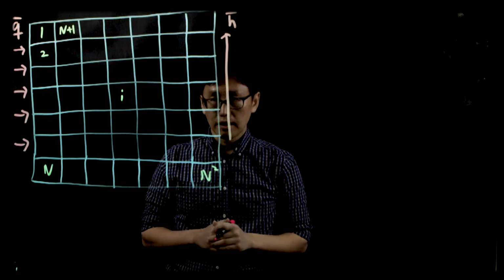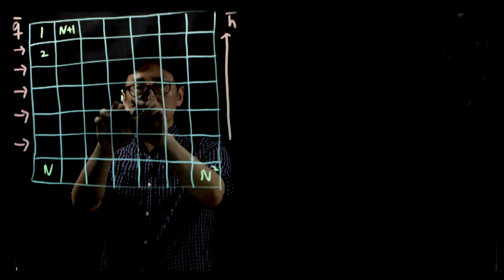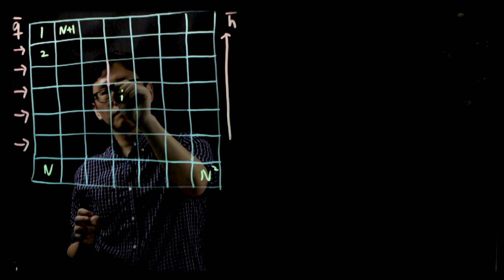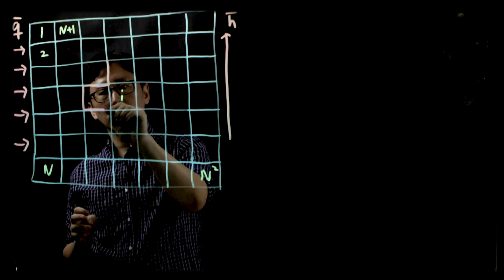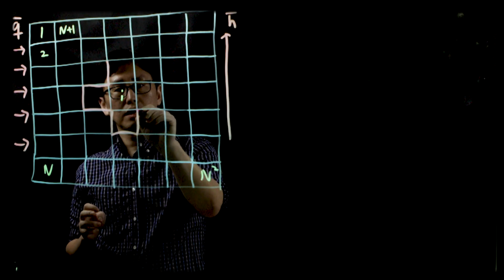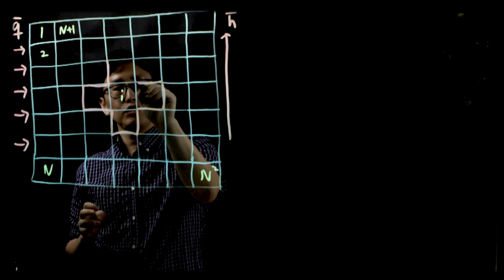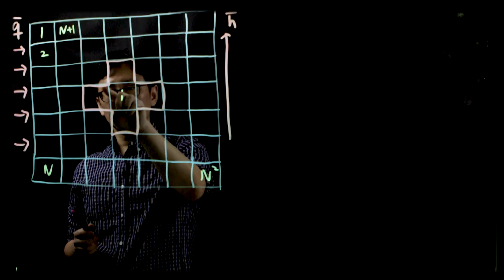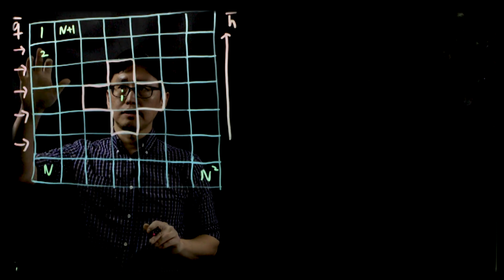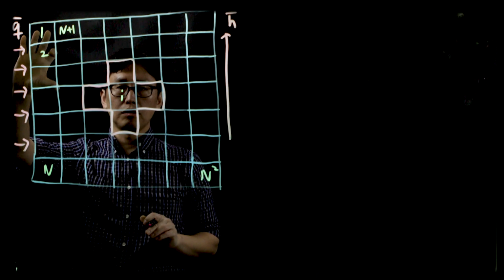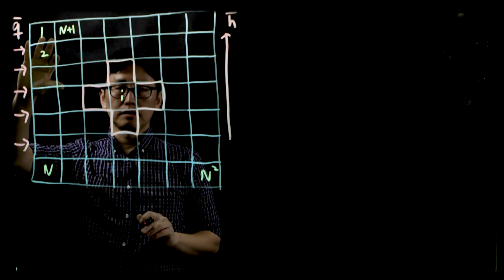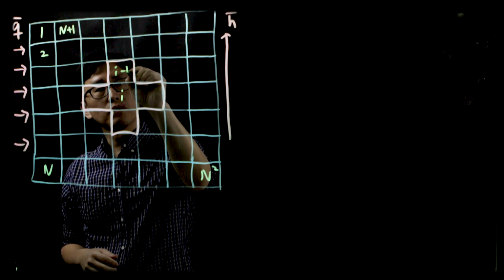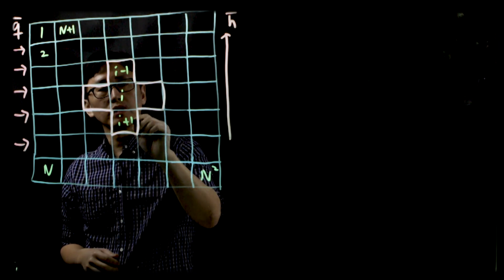Then let's think about an arbitrary grid cell and adjacent cells like this. We should be able to number the adjacent cells. Considering the increasing order of the cell index, we will have here I minus 1 and here I plus 1.